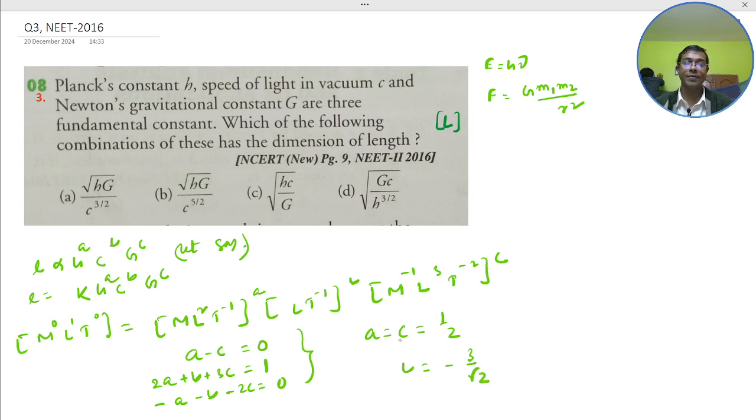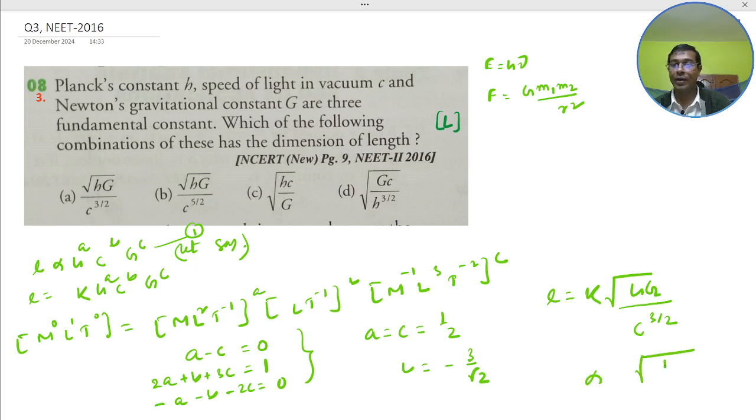So put this value in equation number 1. So L equals constant k root over of h and G divided by c to the power 3 by 2. So basically it's proportional to root over h G divided by c to the power 3 by 2. So option A would be our correct answer.